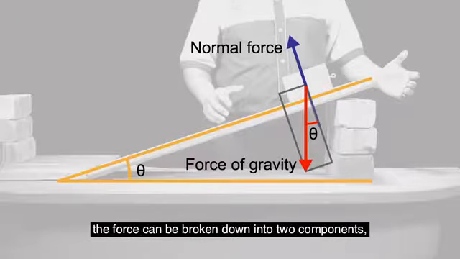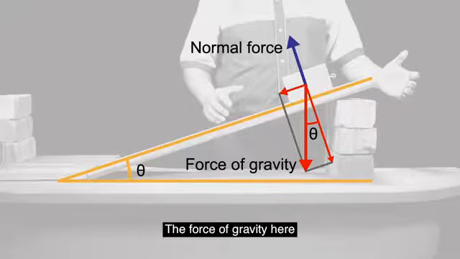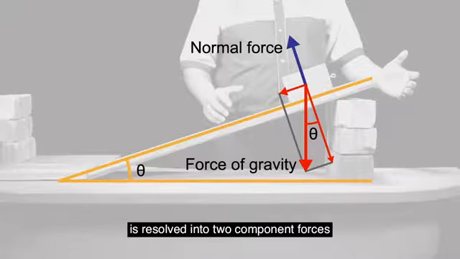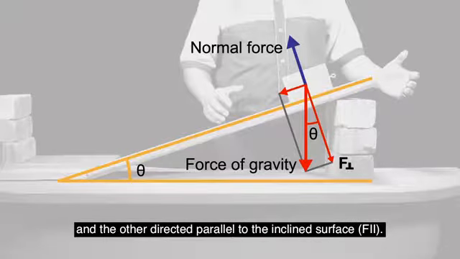Here, the force can be broken down into two components, that is, the horizontal and vertical components. The force of gravity here is resolved into two component forces, one directed perpendicular to the inclined surface, F perpendicular, and the other directed parallel to the inclined surface, F parallel.